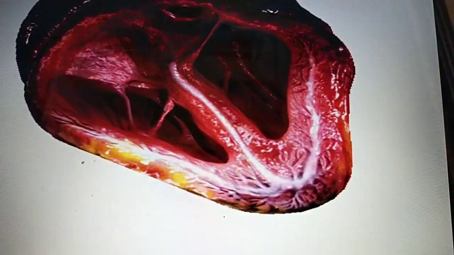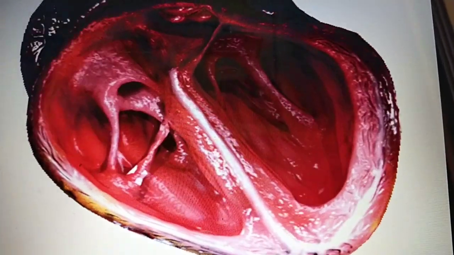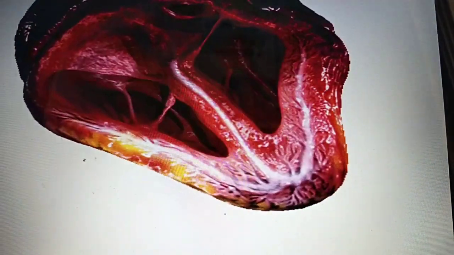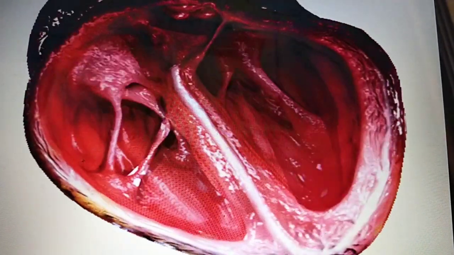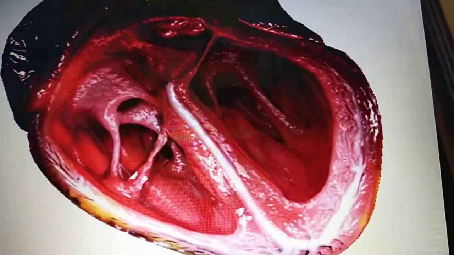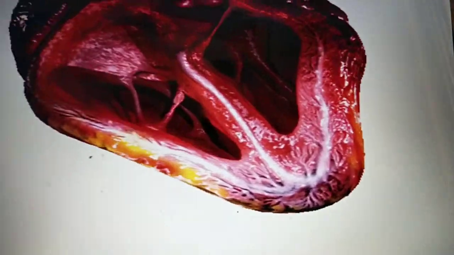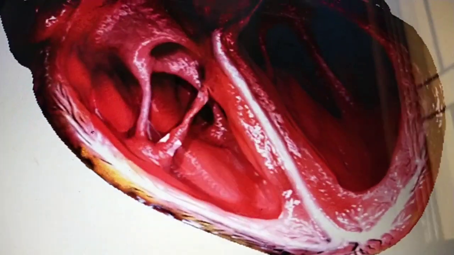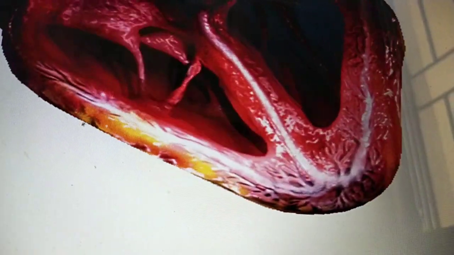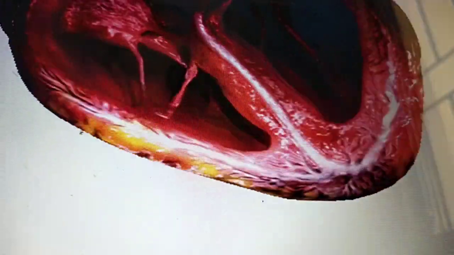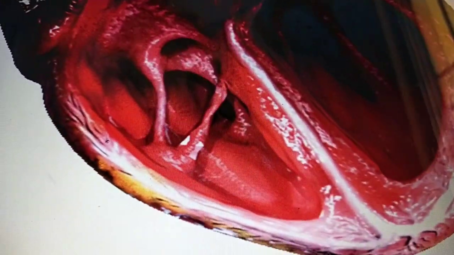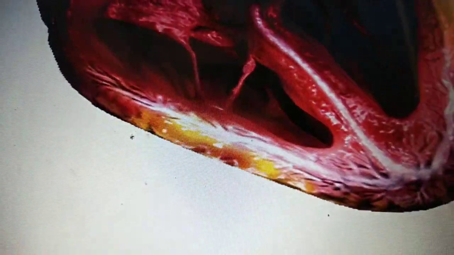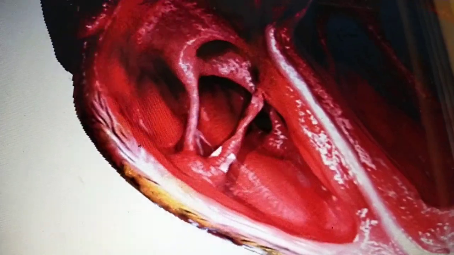This is about your ventricles. In the ventricles, mainly three structures are important: papillary muscles, trabeculae carneae, and the chordae tendineae.